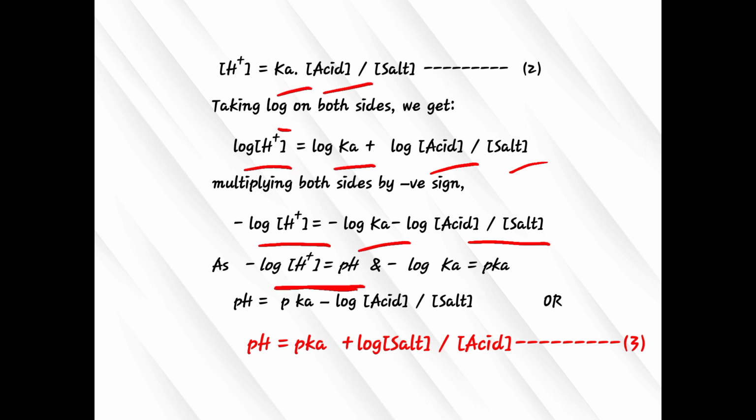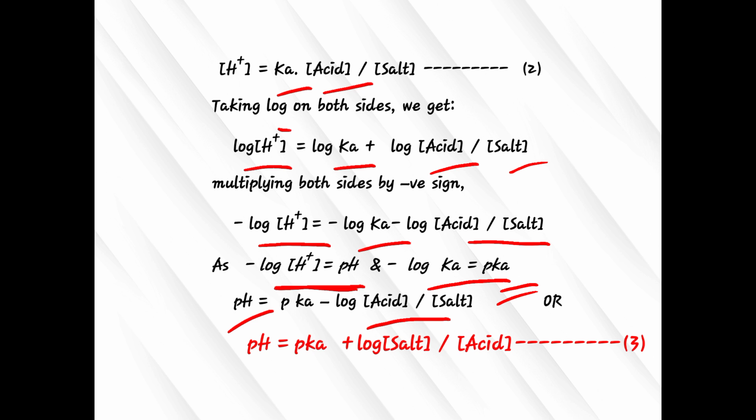You already know that pH is the negative logarithm of H+ concentration, and negative log Ka is denoted as pKa. Therefore, the equation changes to pH equals pKa minus negative log of acid concentration divided by salt concentration.